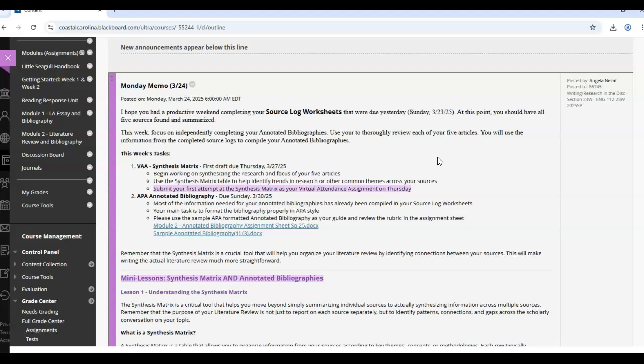What you're doing is a retrospective review of published studies, because all of your sources must be scholarly sources, scholarly articles, papers published on research studies.